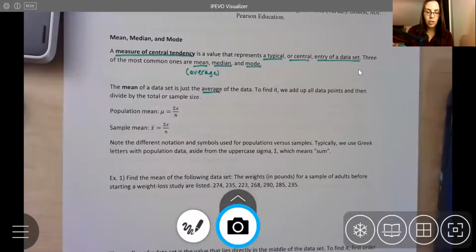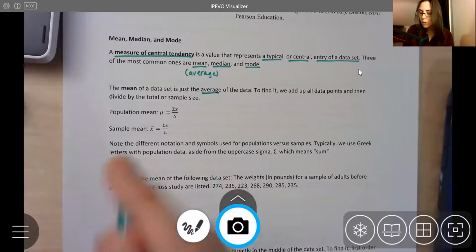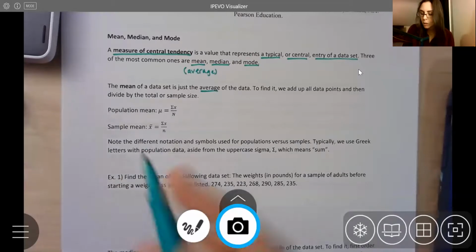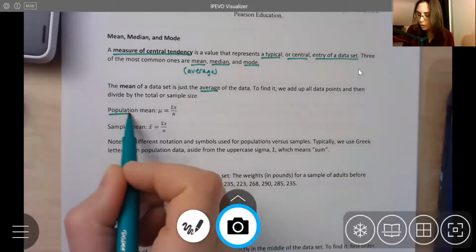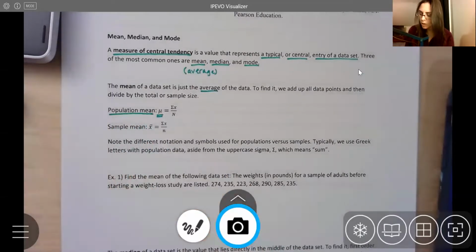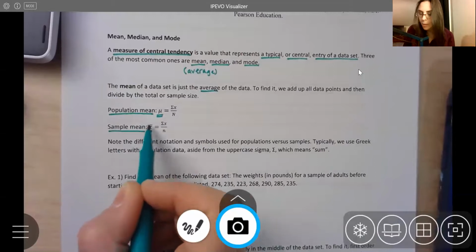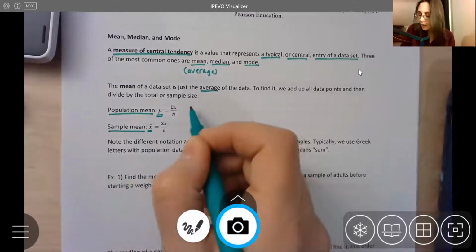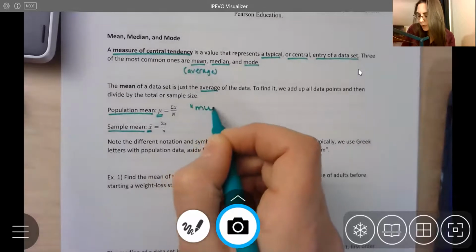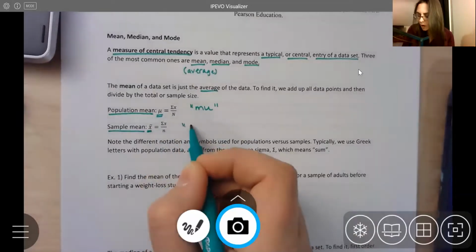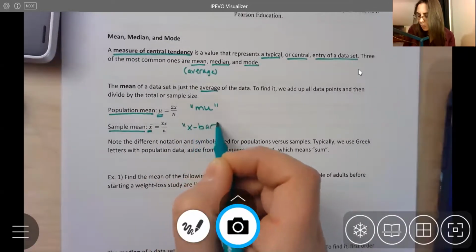Now, for some notation and symbols, we do distinguish between a population mean and a sample mean. When you talk about a population mean, we use the symbol mu, which is a Greek letter M. It's a lowercase letter. When we talk about the sample mean, we use an X with a bar on top, which we often call X bar.